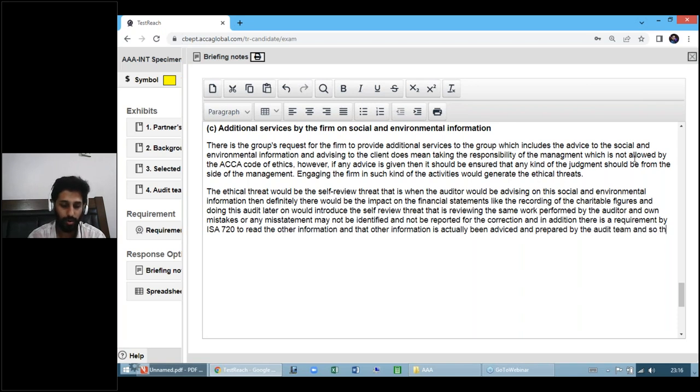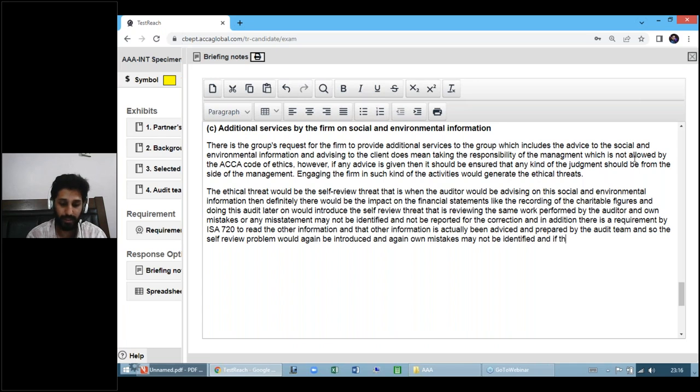And so the self-review problem would again be introduced, and again own mistakes may not be identified. And this is one of the important and critical issues for the audit team.